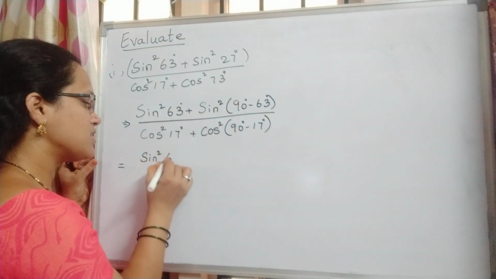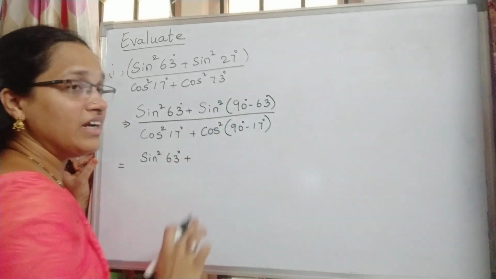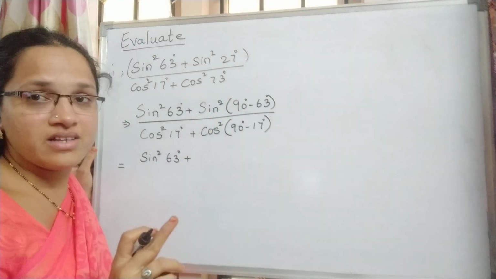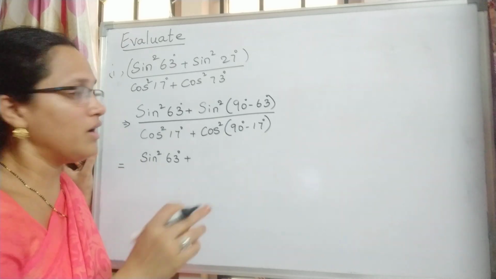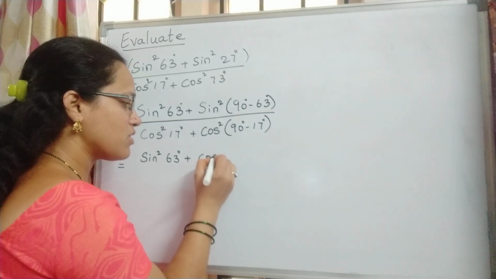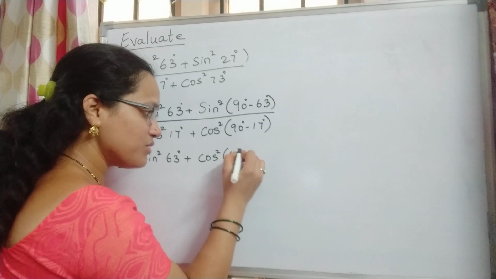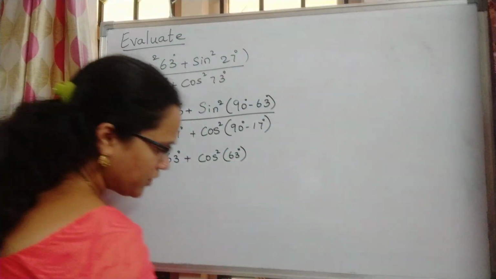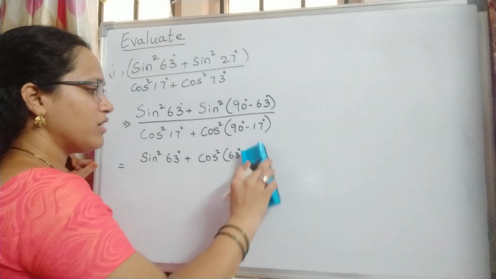Sine square 63 degrees plus sine square of 90. I told you whenever these are the changing angles, yes or no? Whenever you get 90 plus theta or 90 minus theta, sine completely changes to cos, that is cos square 63 degrees. You can either put it in a bracket or you can just leave it alone, because however you can remove it.